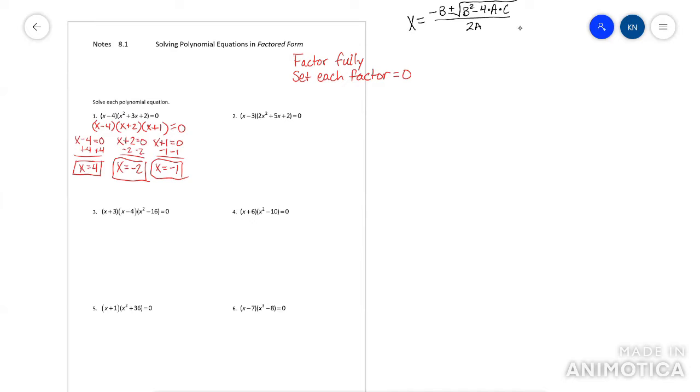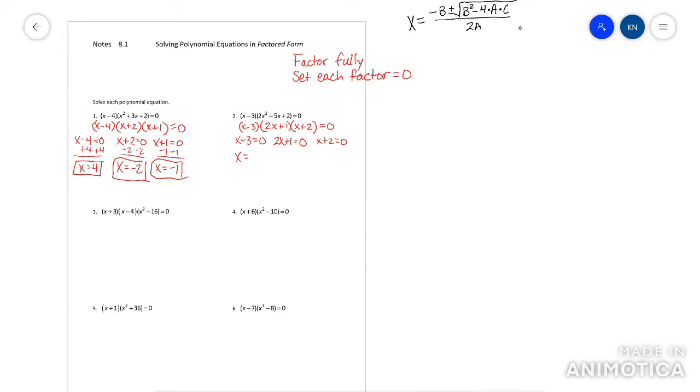So let's just go ahead and run through this. This next one, you would have to factor it further. So it'd be x minus 3 here. It'd be 2x plus 1 and x plus 2. So this is fully factored. Now set each one of these factors equal to 0 and go solve them.